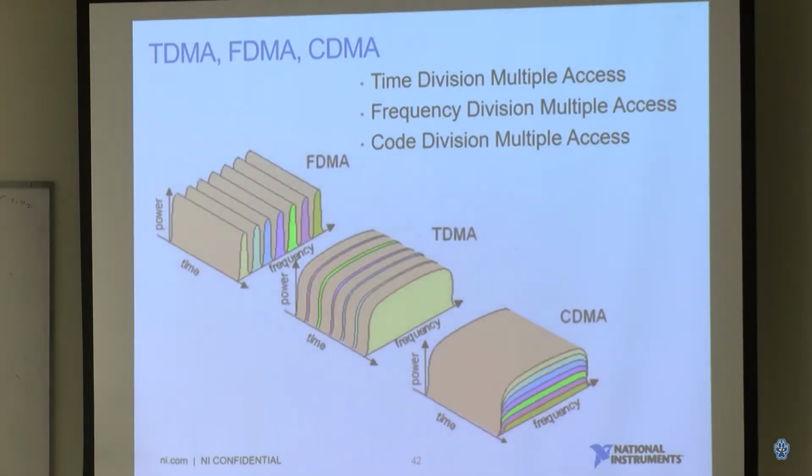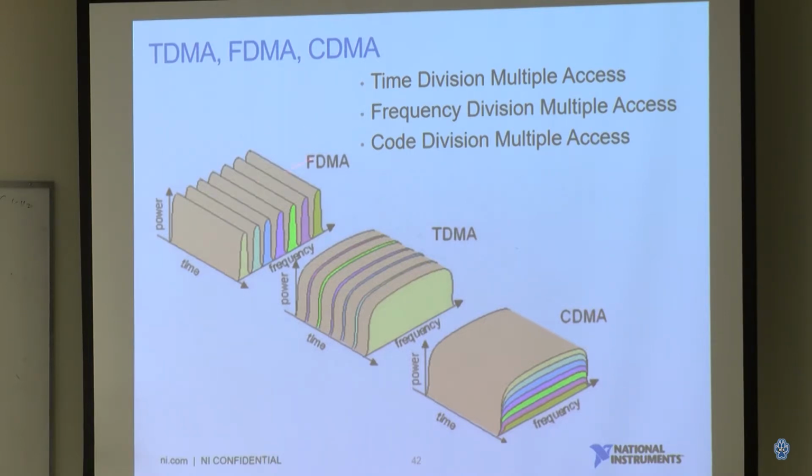Okay, in the industry you might have heard some names called FDMA, TDMA, CDMA. These are the modulation schemes used in cell phones. You've probably heard about CDMA the most.